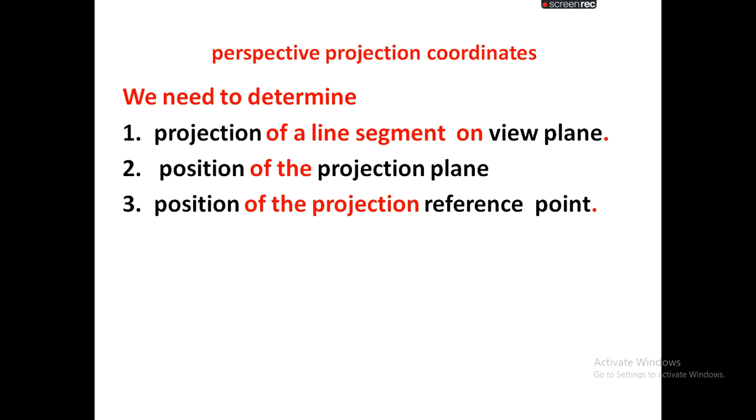So what I am saying here is, we are creating a synthetic object. After creating it, we are displaying the synthetic object on the screen of the monitor using the synthetic camera model. So when we are using perspective projections in our synthetic camera model, we need to determine all these three concepts.